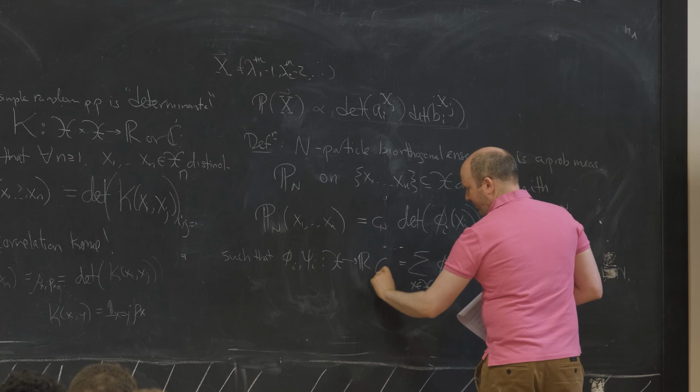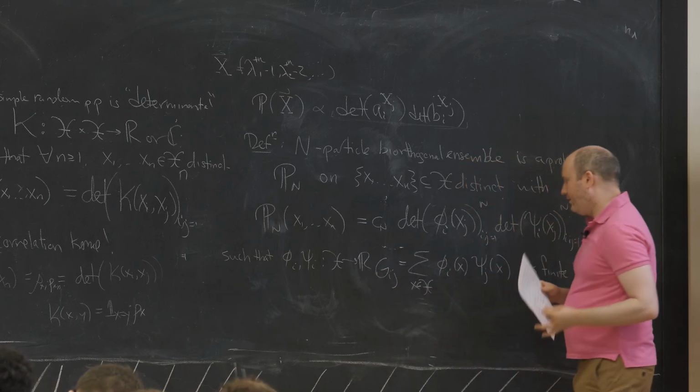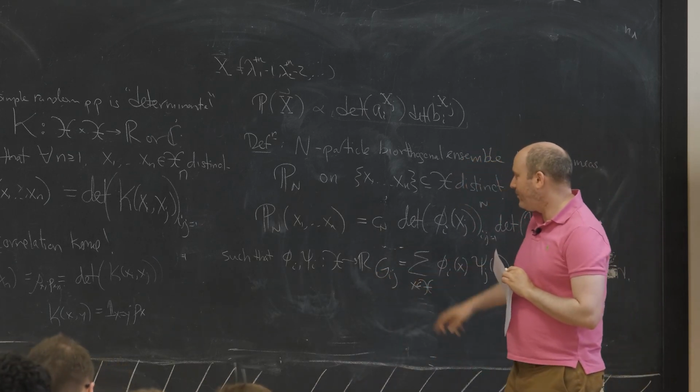We call this Gij. This is called the Gram matrix.